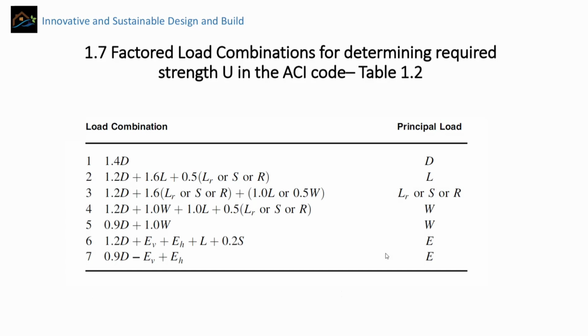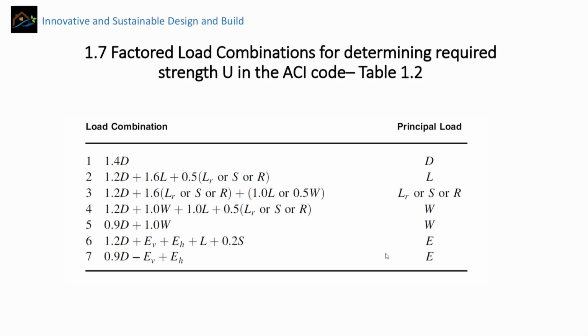So we add 40% more, considering that the dead load in a building will be subjected to various uncertainties, and therefore we consider a factor of 1.4.